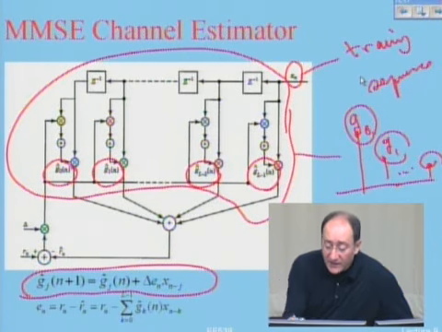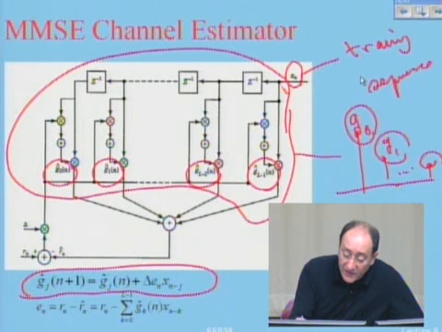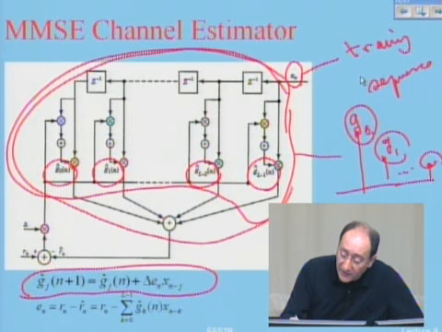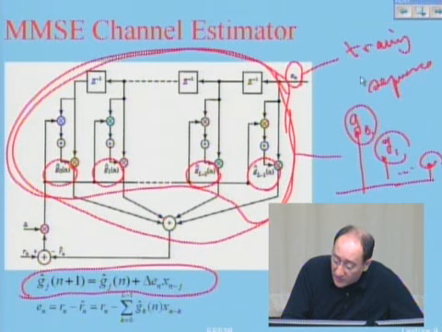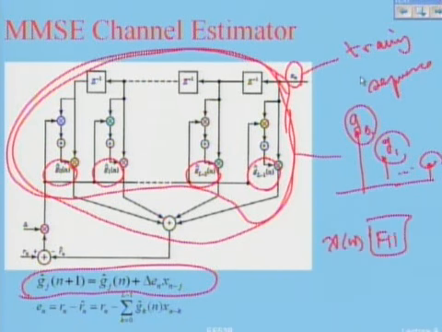Okay, when the signal x of n comes through this FIR filter, the output is R sub n hat. That is the estimate of R sub n. You compare that estimate with the actual sampled received signal.